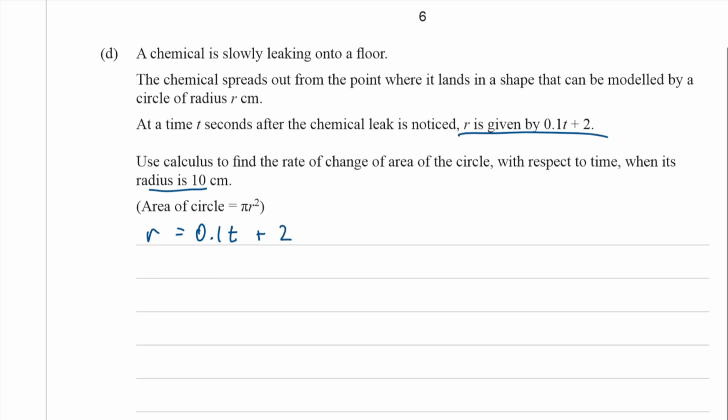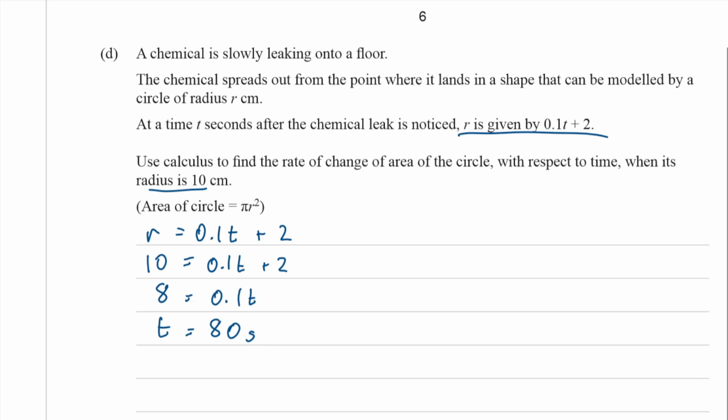So let's do that first. When radius is 10, subtracting 2 from both sides, dividing both sides by 0.1, we know at 80 seconds, so after a minute and a bit, the radius of this circle will be 10 centimeters.